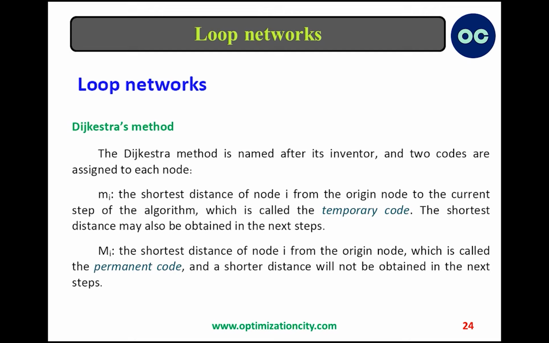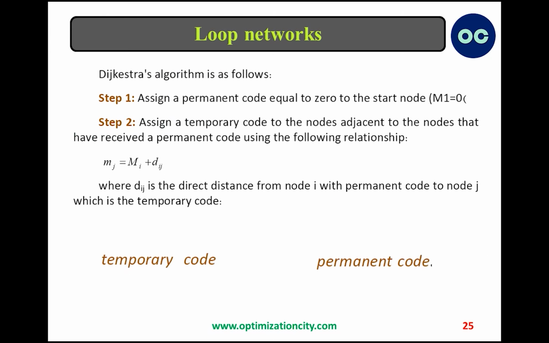It is known as a temporary code since the shortest path may be updated in a subsequent step. M capital sub i represents the shortest distance of node i from the origin and is referred to as a permanent code. Once assigned, this code will not be updated in the following steps.